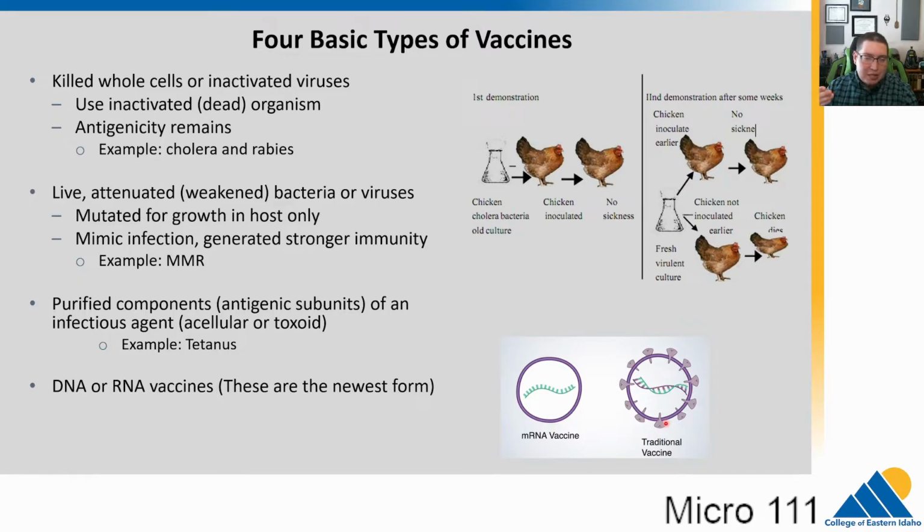We can adapt these and change these very, very quickly, because all we have to do is change the sequence of the RNA, which we can do in a couple of days, right? And that gives us more time to test them, to make sure they work, to make sure they're safe, but it also makes it much cheaper and easier and more available.